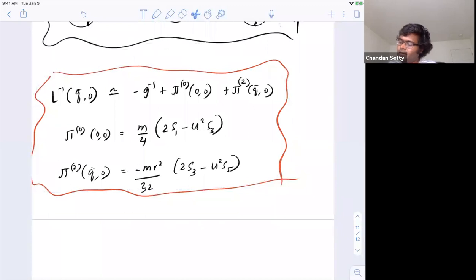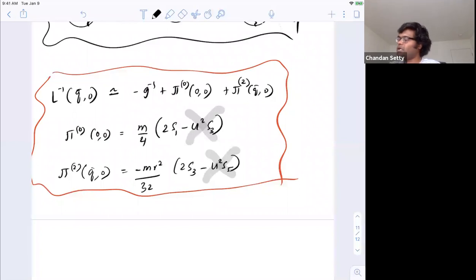You'll find that the corrections coming from the vertex exactly cancel out the u squared contributions that were appearing at each order in pi 0, pi squared, pi 4, and so on and so forth. Okay, so all you're left with is the contributions that come from the first terms that do not have the u squared coefficient in the sums. So this is the effect of the vertex correction.